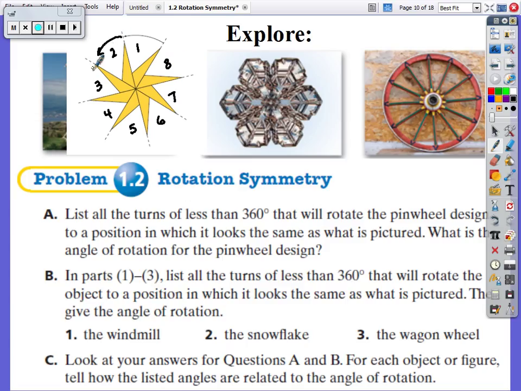So as you're going around, you're moving like this. So there's 8 total rotations that you could make. So if you take 360 degrees divided by 8, that tells you that the angle of rotation for this one is 45 degrees.